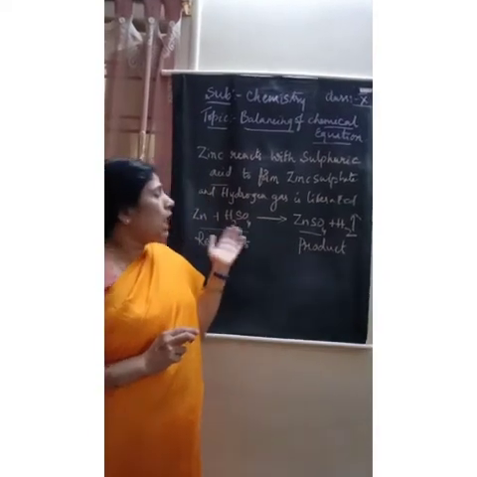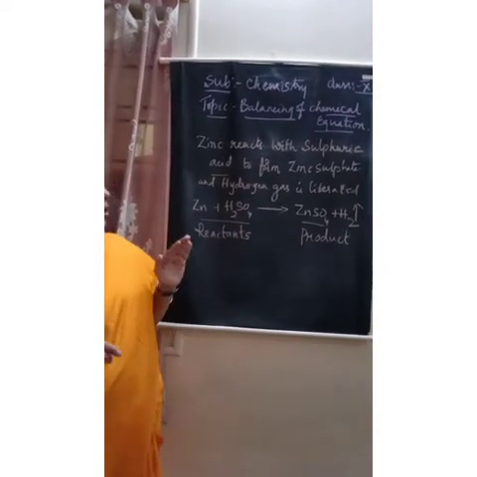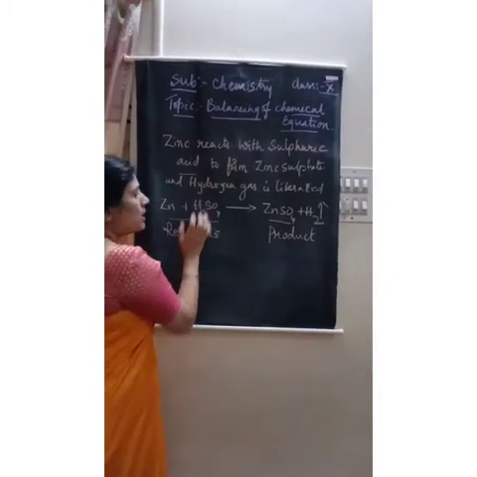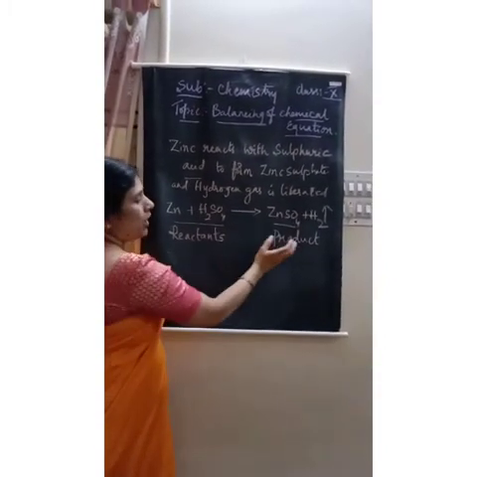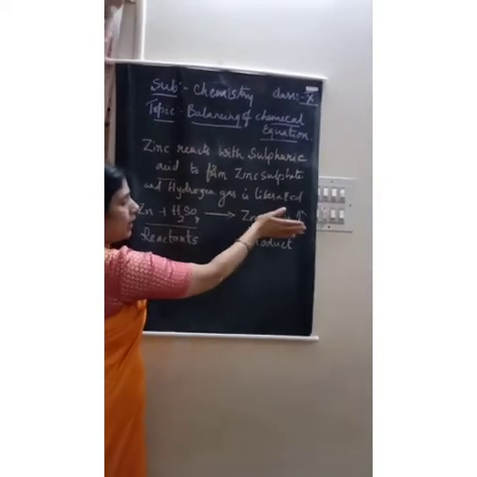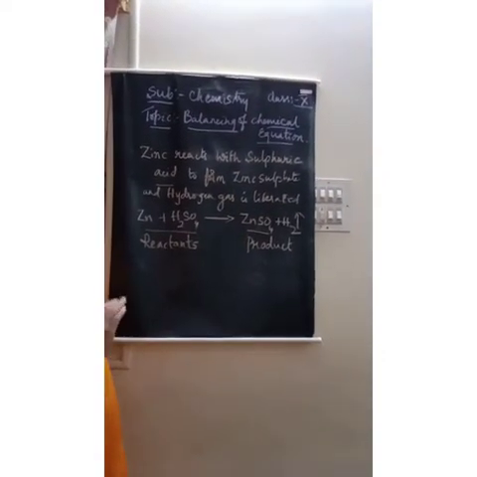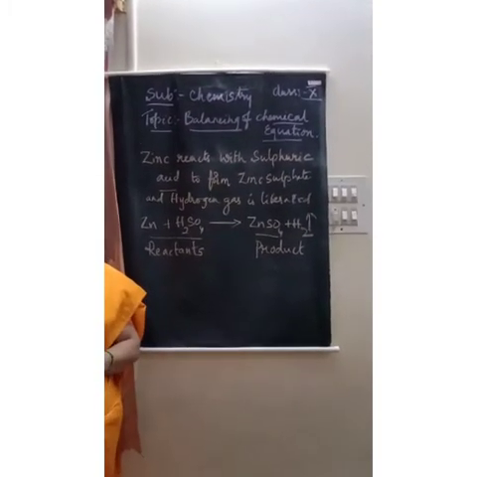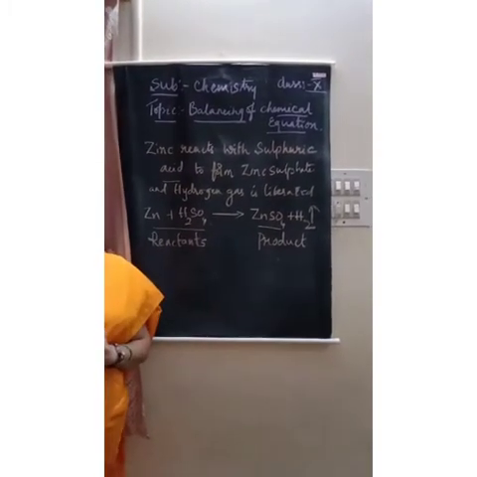So here, in order to balance it, what does that mean? The mass of zinc and sulfuric acid must be equal to the product side mass of zinc sulfate and hydrogen gas, children. So what do we have to do? We have to balance the chemical equation. What is balancing a chemical equation?